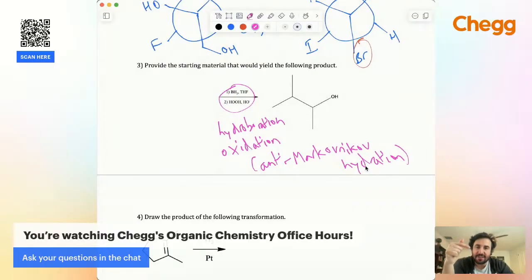So hydration means, once again, this is an addition reaction. So this had a pi bond somewhere. And what we're saying is that we added an H and an OH to each of the 2 carbons that were participating in the pi bond.